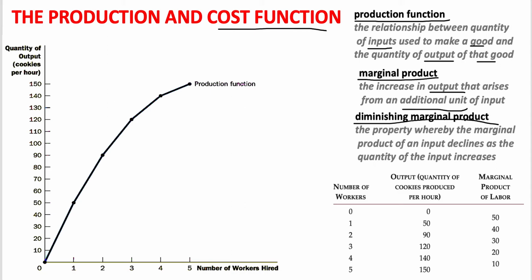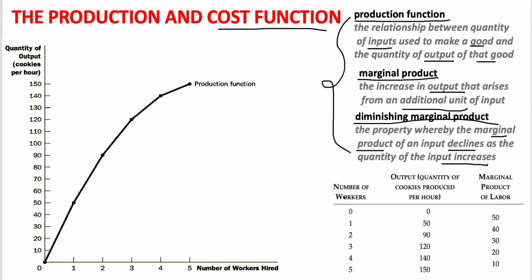Diminishing marginal product is the property whereby the marginal product of an input declines as the quantity of input increases. So what does it mean by these definitions?